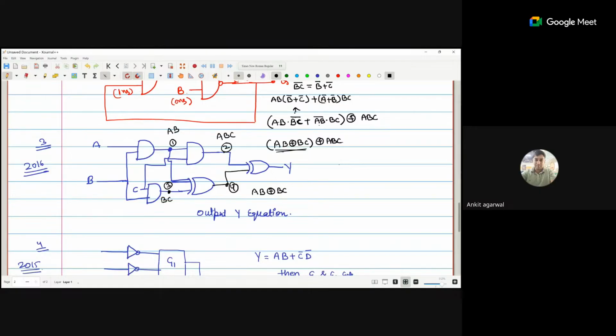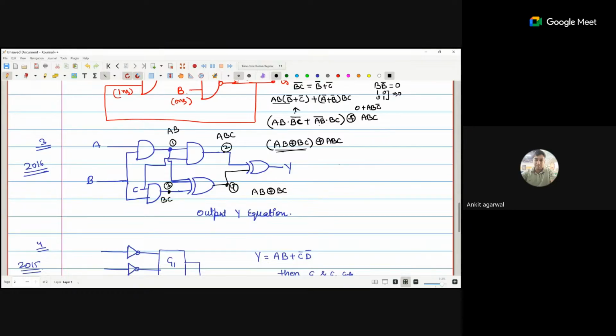So if I multiply this, A B B bar, that is B B bar, is 0. Why? If B is 1, B bar is 0. If B is 0, B bar is 1, and the dot product of 0 1 and 1 0 will be 0. So A B B bar is 0, A B C bar.